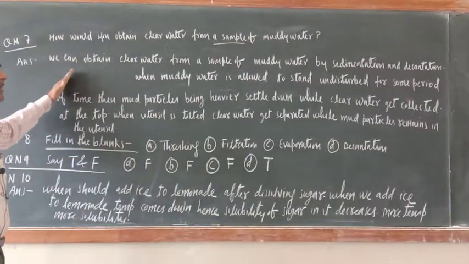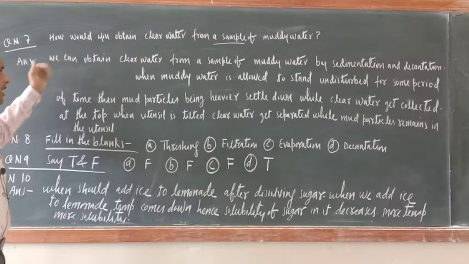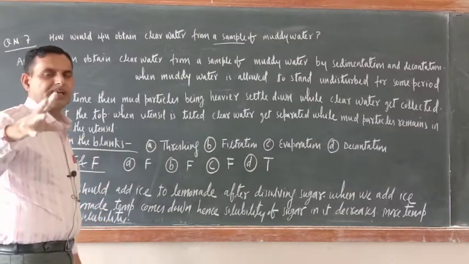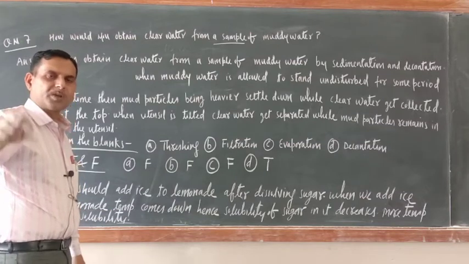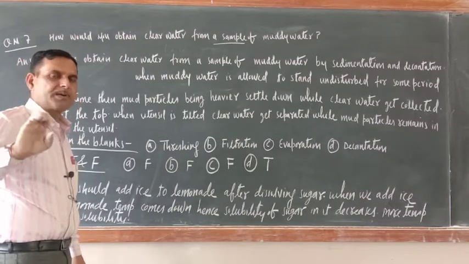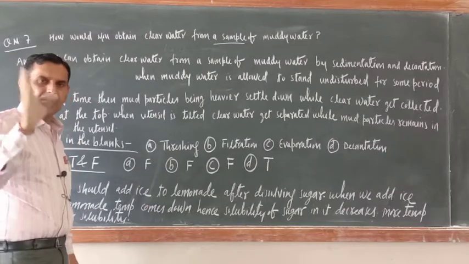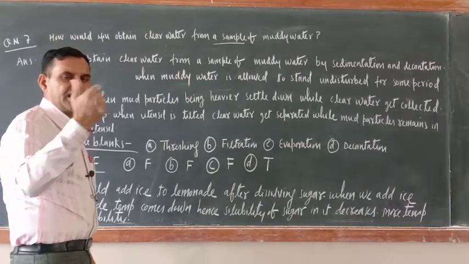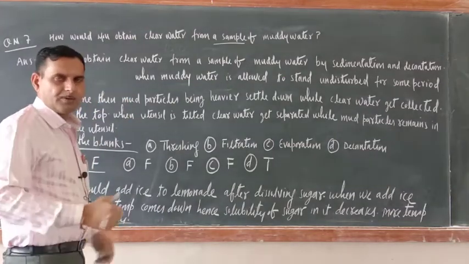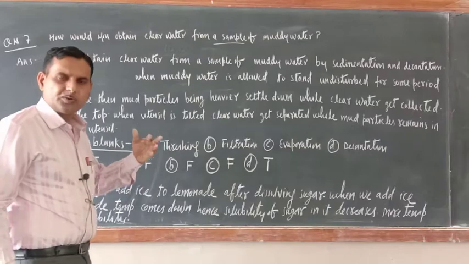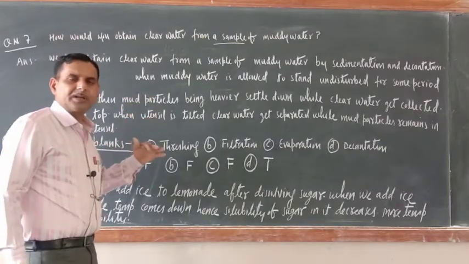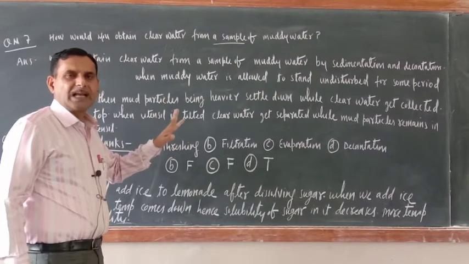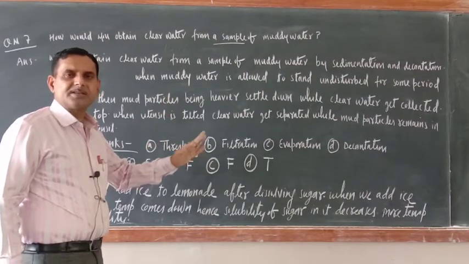Then the sedimentation and decantation method can be applied. Now how you will apply, just see. Muddy water should be taken in a utensil and let it be undisturbed for some period of time. Then mud particles, being heavier and bigger, will settle at the bottom, while the clear liquid will be collected at the top. Now you tilt the utensil, so the clear liquid will come out while the mud remains in the utensil.